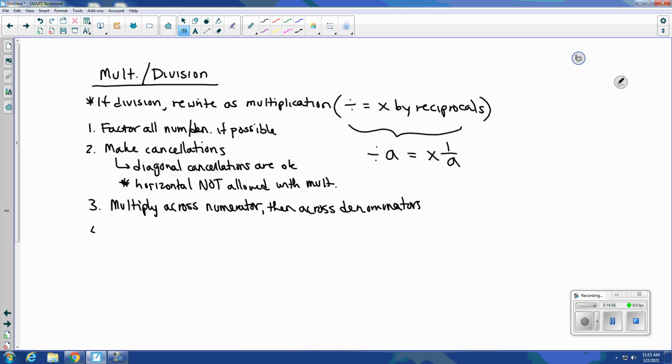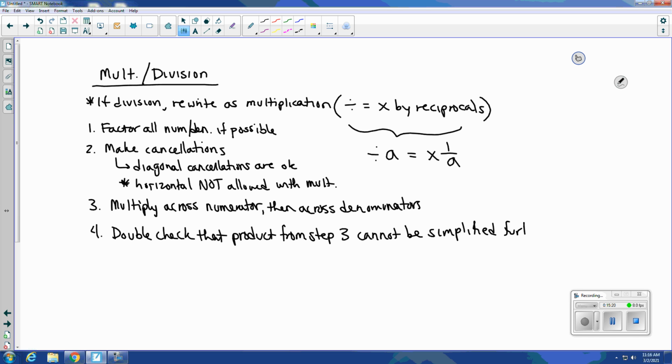And once we have done that, just double check that your final result cannot be simplified further. And there's the whole process for multiplication and division of rational expressions with some examples included.